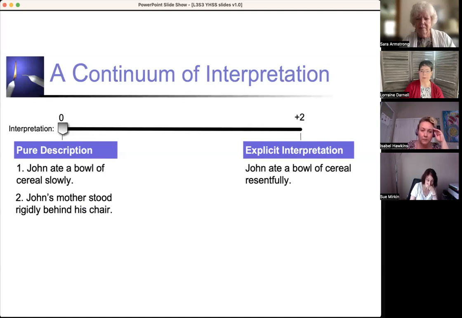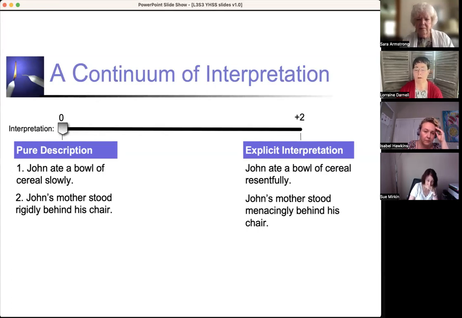So that's pure description. Explicit interpretation of that might be something like John's mother stood menacingly behind his chair, and menacingly tells us how to interpret. So this slider goes from pure description where there's no interpretive language to explicit interpretive language on the other end.